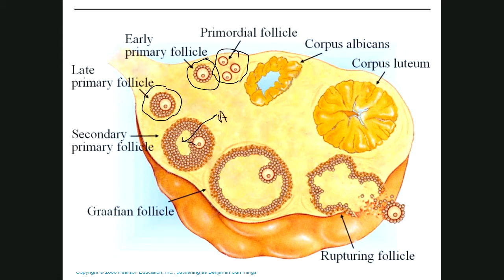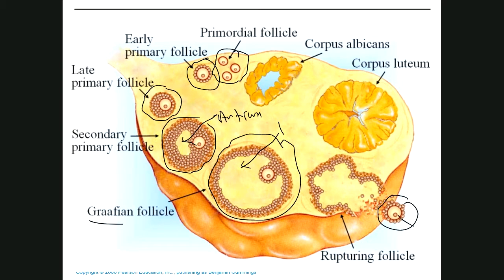And as soon as those form, it's called a secondary follicle. And then we get a bunch of these little holes. They're going to merge into one big antrum, just one. And now it's this mature or Graafian follicle. And then the follicle is going to rupture, and there goes the oocyte with the granulosa cells around it. Remember, that's called the corona radiata.